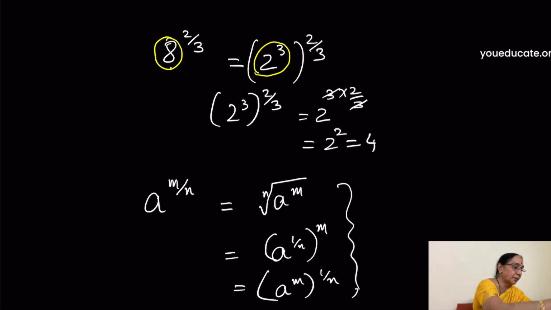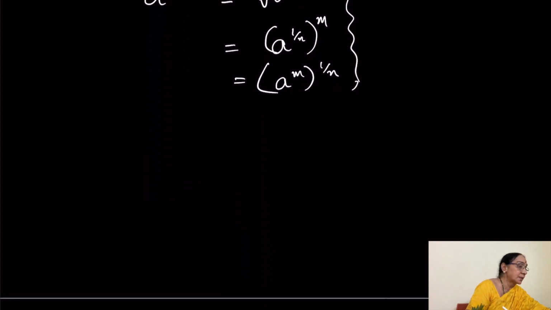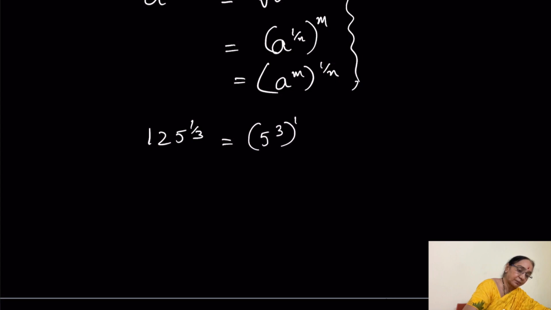Now we will do some evaluation so that you are familiar with rational exponents. Now let us write what is 125 raised to 1/3. Now 125 is 5 power 3, raised to 1 by 3 is 5. What is 16 raised to 3 by 4?